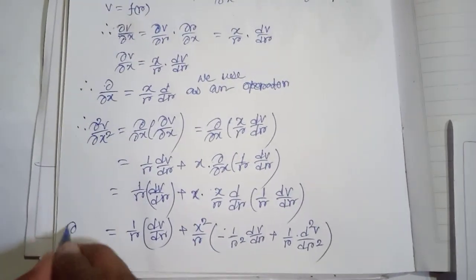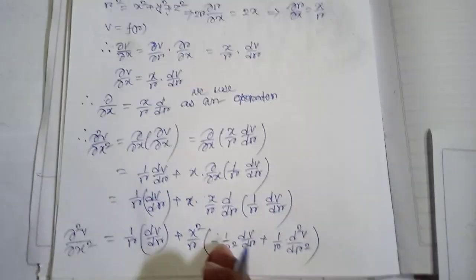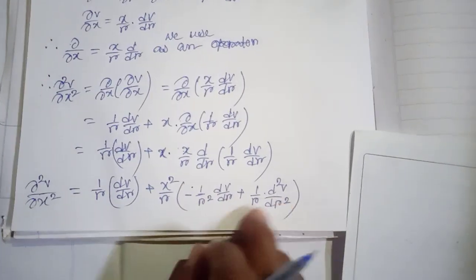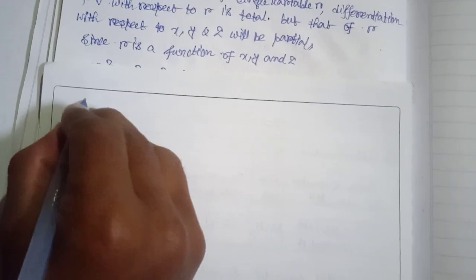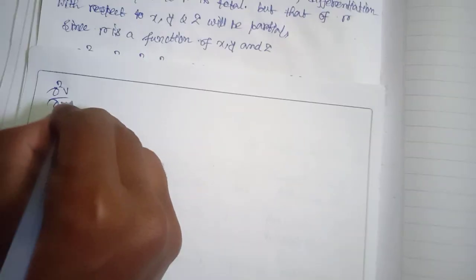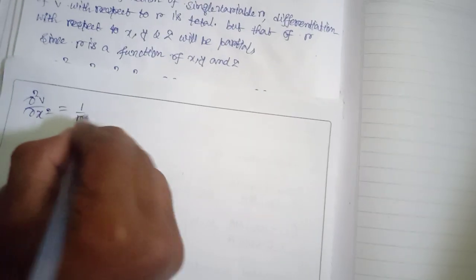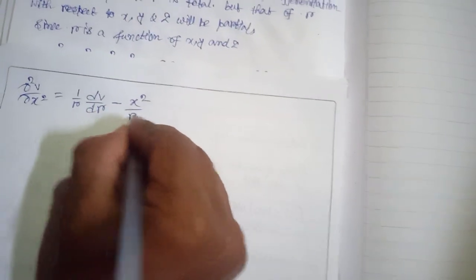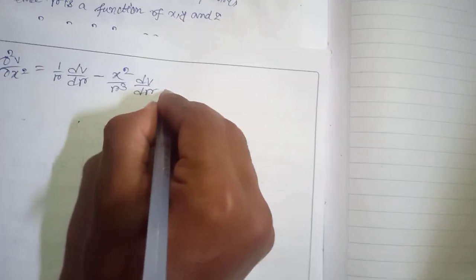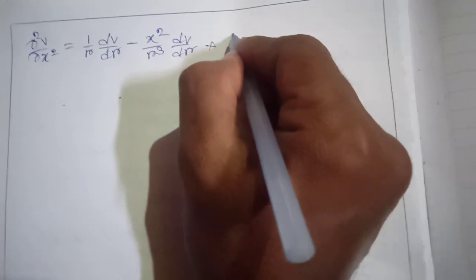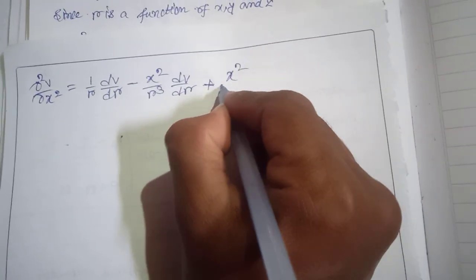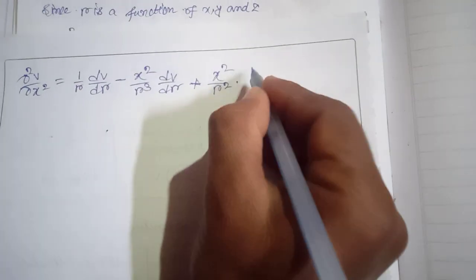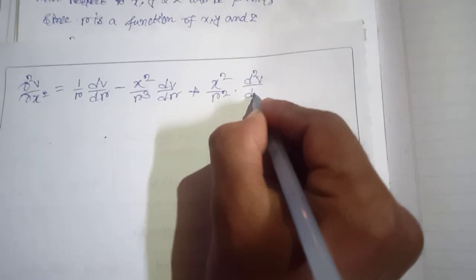So ∂²V/∂x² equals this, and multiplying this, we get ∂²V/∂x² equals 1 by r dV/dr minus x² by r³ dV/dr plus x² by r² d²V/dr².